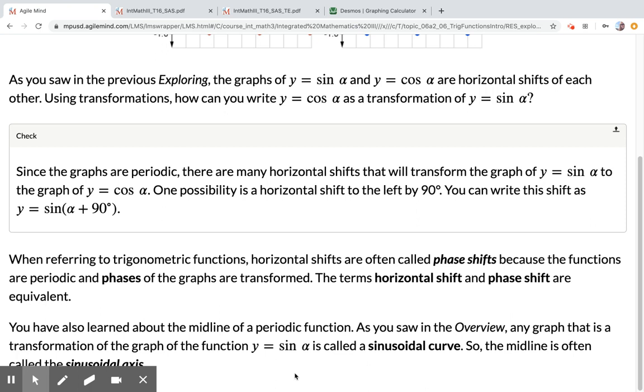So you should also know that sometimes the midline is called the sinusoidal axis, because it's the axis that your wave is bouncing up and down around, with it in the middle. It's still also called a midline. I like the phrase midline because it literally is the line in the middle, but it is sometimes called a sinusoidal axis as well. You should be aware of that.